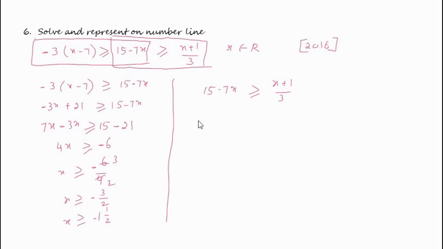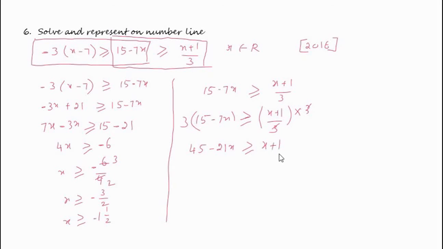So by multiplying both sides by 3, 15 minus 7x into 3 greater than or equal to x plus 1 divided by 3 into 3. 3 cancels. So now this becomes 45 minus 21x greater than or equal to x plus 1.